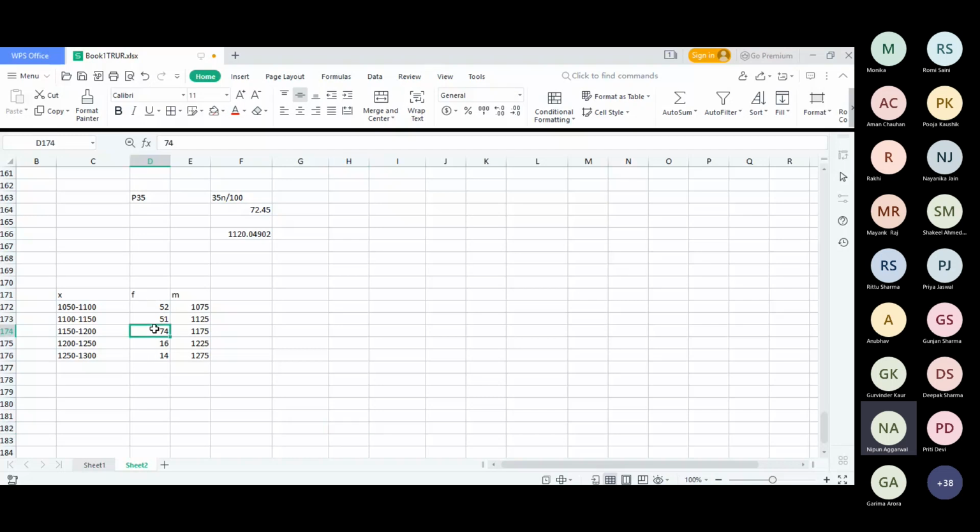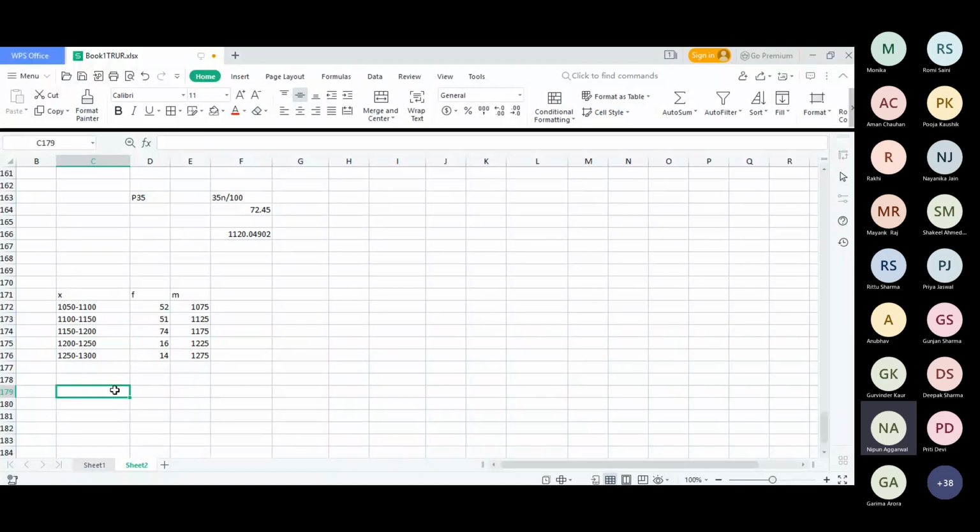From this we come to know that the modal class is 1150 to 1200. But what is the value of the mode within 1150 to 1200? That is yet to be found.